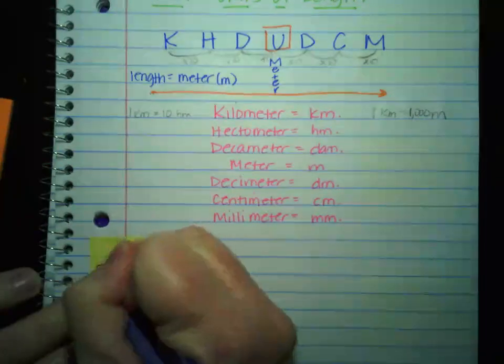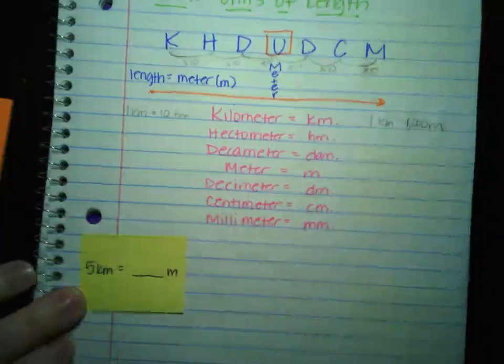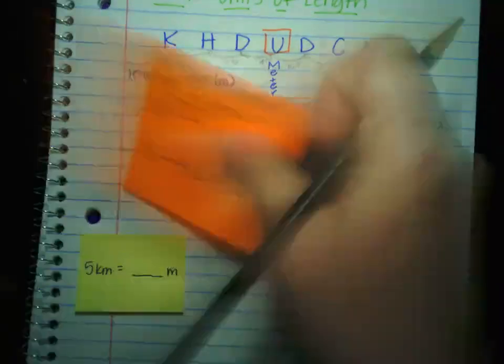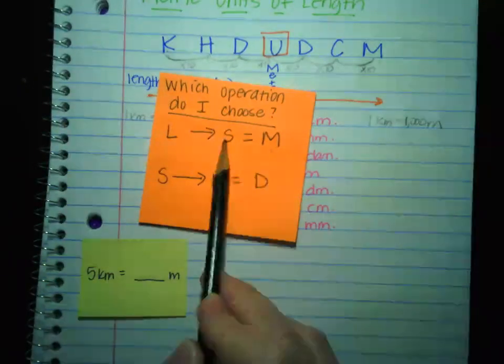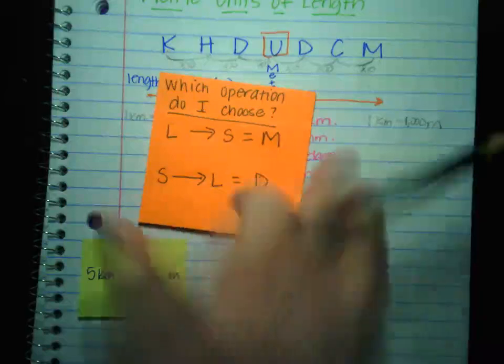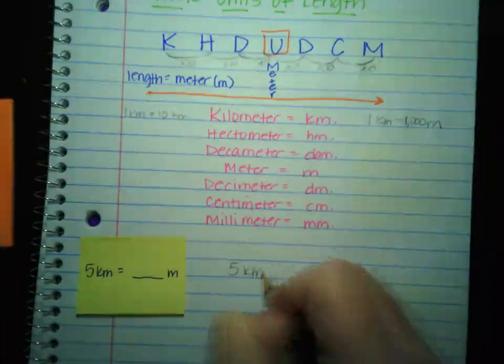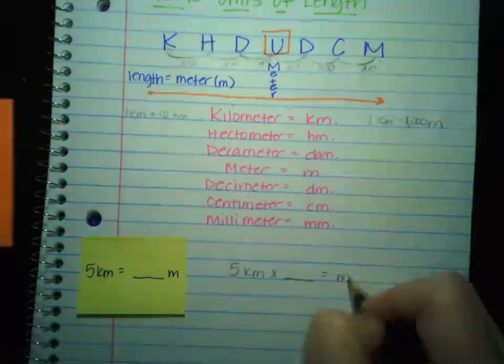If we have 5 kilometers, how many meters is that? Remember, we're moving from a larger unit, kilometers, to a smaller unit, meters, so we're going to multiply. We have 5 kilometers, and we're going to multiply by something to equal our meters.